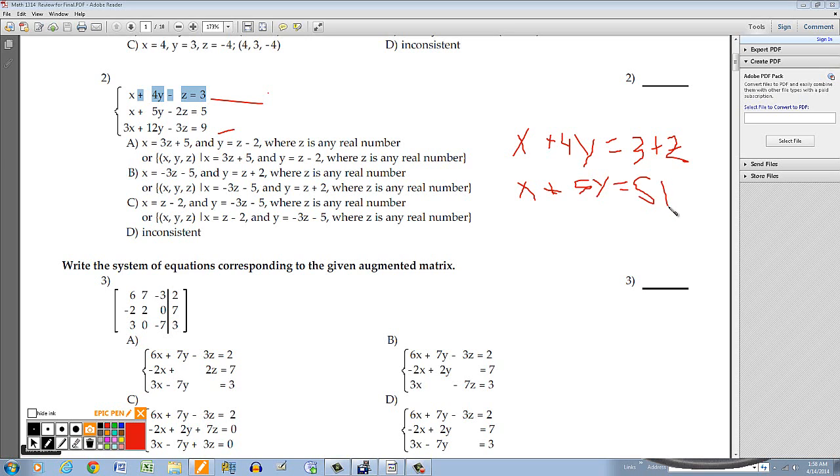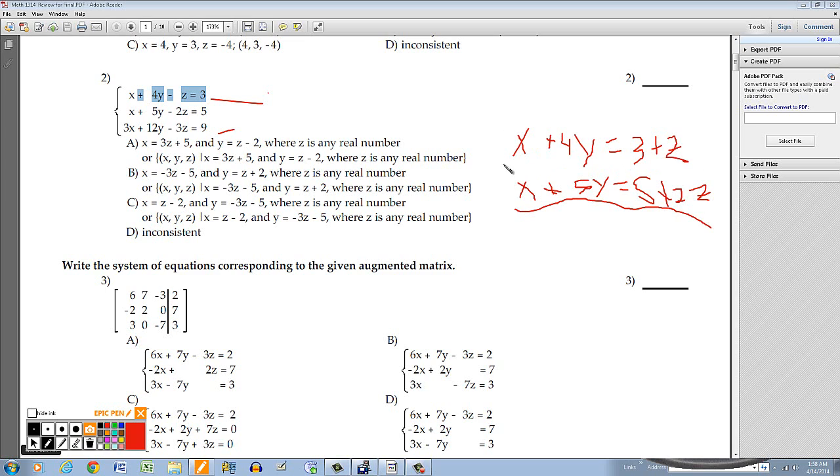And this will be a plus 2z. And then I'm going to solve this by elimination. So basically I'm solving for x and y just like these numbers on the right side were numbers. So I'm going to multiply the first equation by -1 all the way across and then add. So what I'm doing here is trying to cancel one of the variables. I'm going to cancel the x.